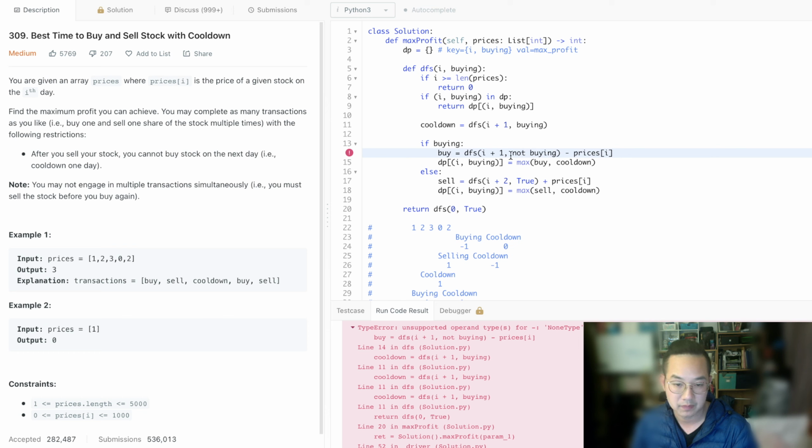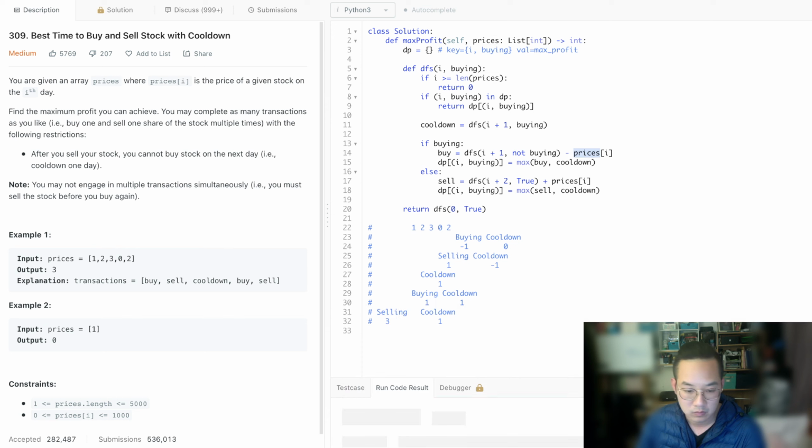What do you mean? I'm not exactly sure what's happening here. Unsupported.